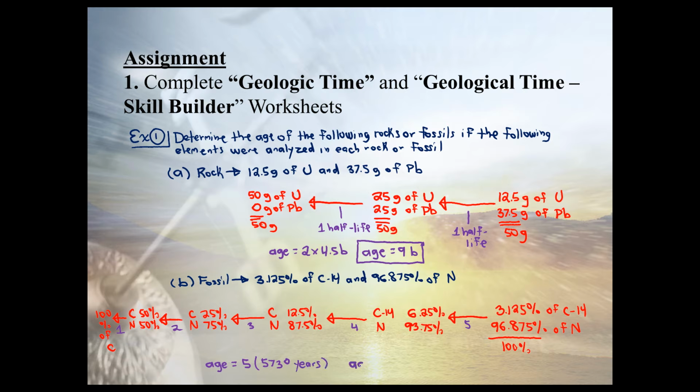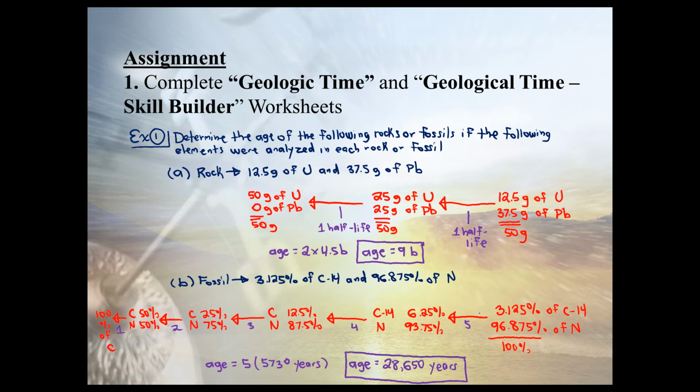If you multiply those together, so 5 times 5730 years, this fossil that you found in this rock layer would have been 28,650 years old.